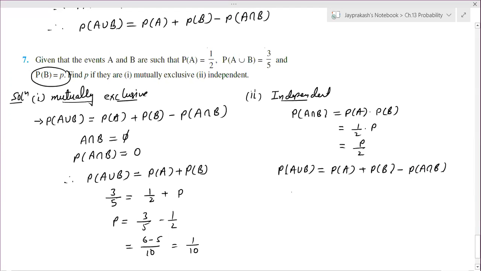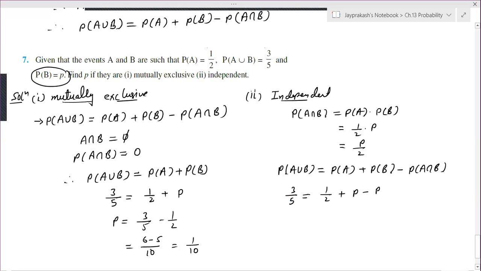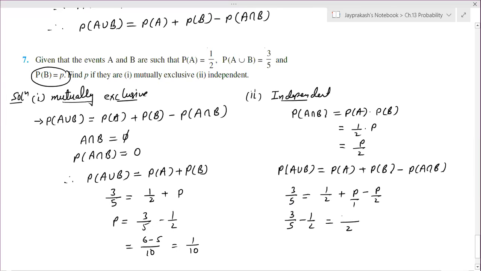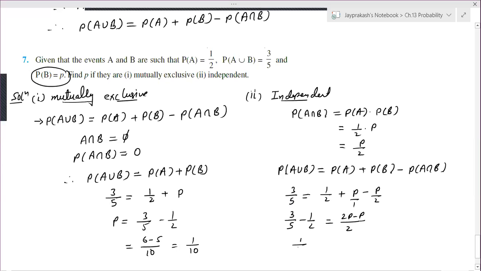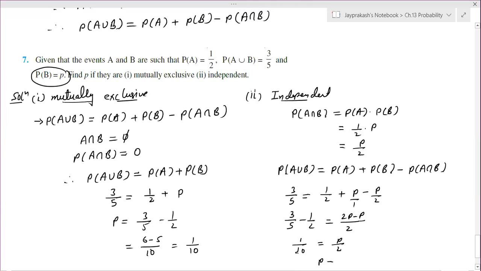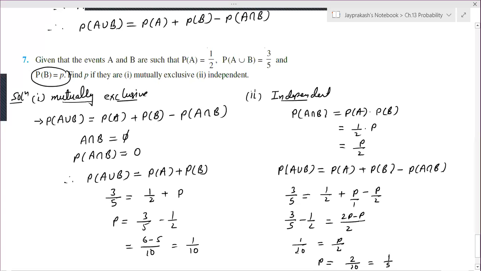P of A union B is 3 by 5, 1 by 2, P minus P by 2. So on this side 2P minus P, and this side LCM is 10. So it is 1 by 10, P by 2. So finally we have P is equal to 2 by 10, that is 1 by 5.